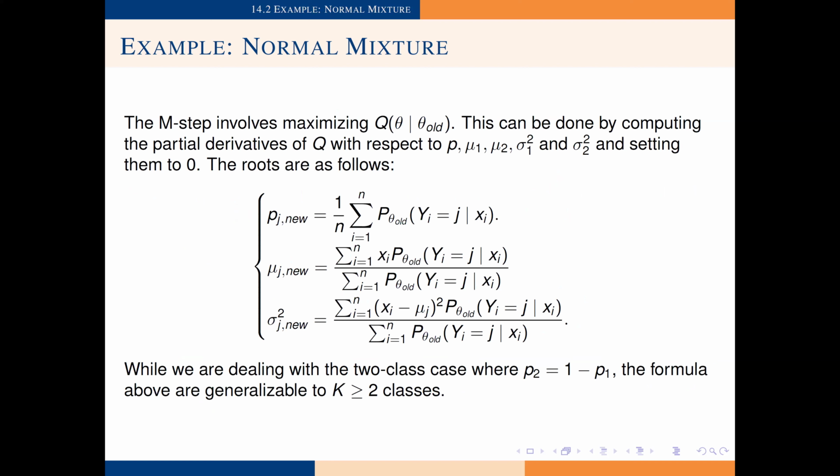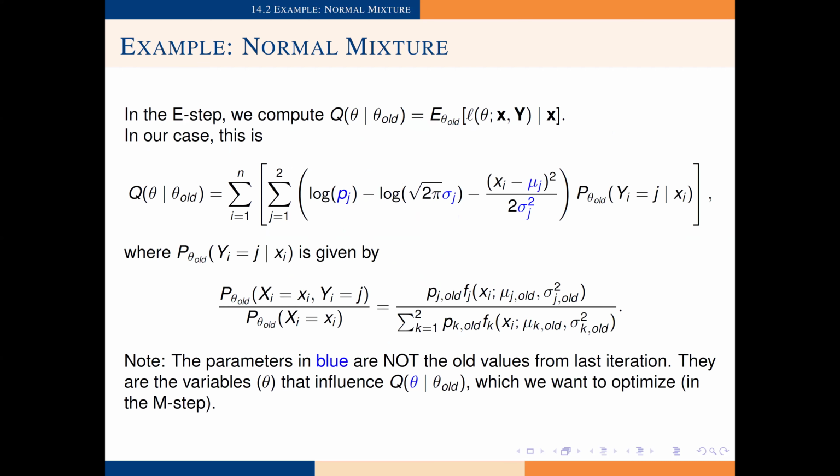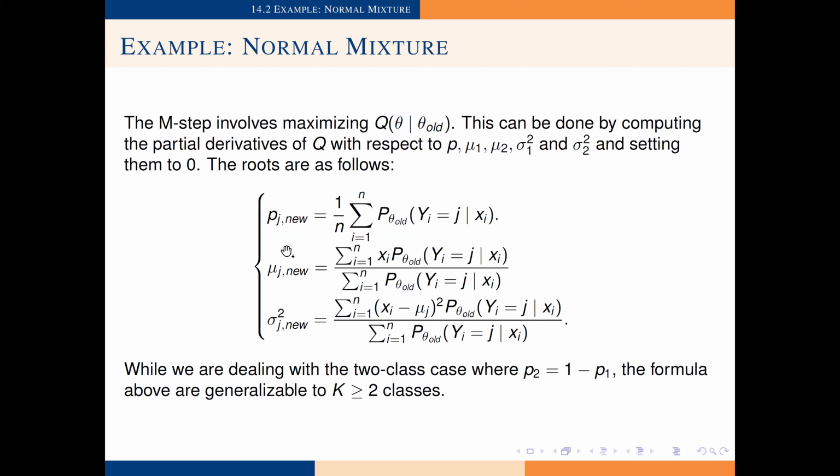What you can do is very similar to before. To find the optimum, what you can do is to take the first derivative and solve for its root, right? So that's what we can do over here. We can take the partial derivative of the Q on the last page, which involves these variables, with respect to each of the parameters that we are interested in updating.